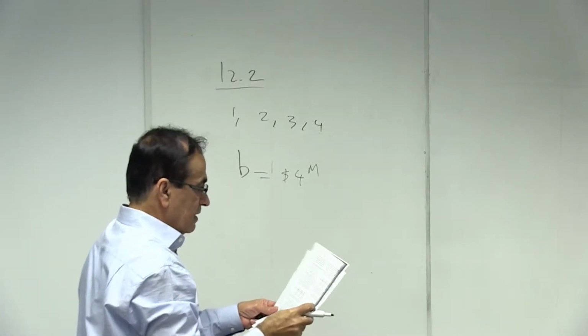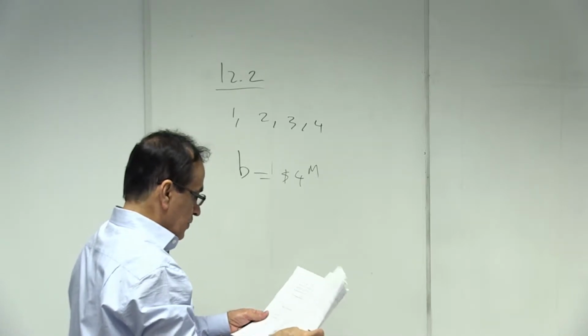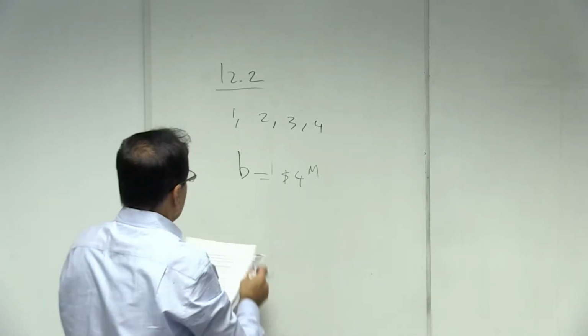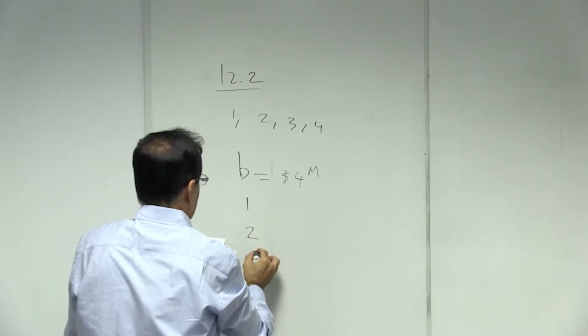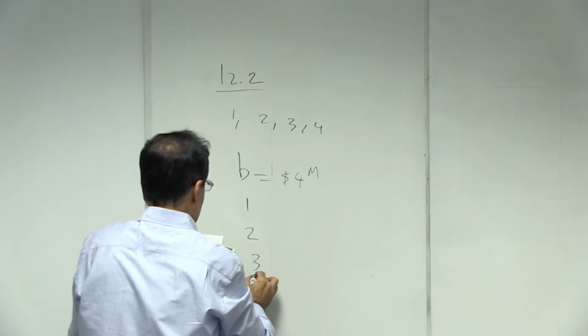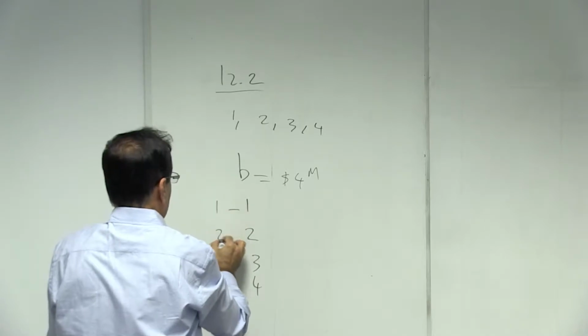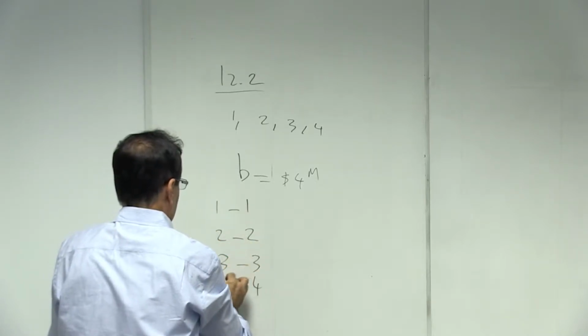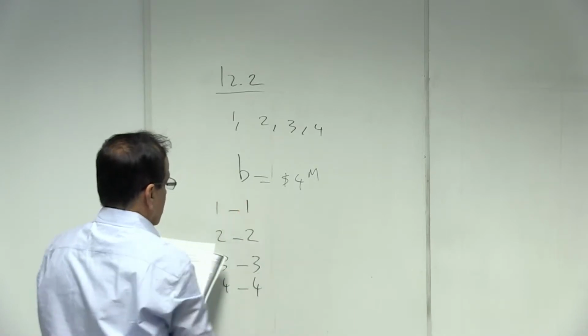Now, if you look at the costs of these alternatives, the choices that you might have here can be alternative number 1, number 2, number 3, number 4. So these are the first bundle, second bundle, third bundle, fourth bundle. These are the bundles and these are the alternatives.